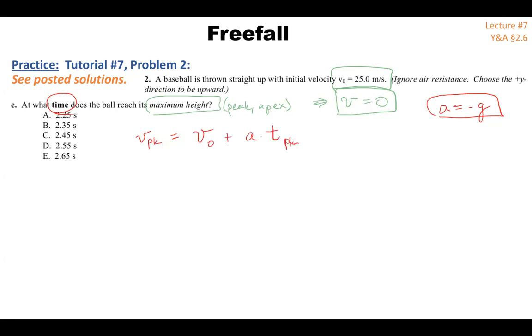I could have called these final velocity and final time, but that might imply landing or when the ball's caught. I really want to make it clear that this is at the peak. So now plugging in the values that we know, we can solve for the time at the peak.